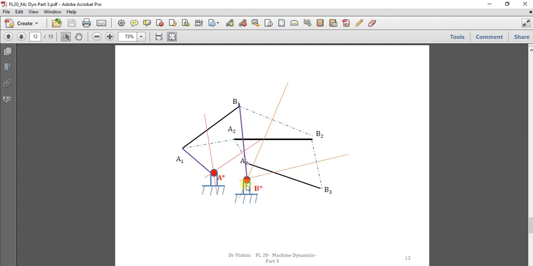Where these two meet, that is called B star. So now we have got two ground links, A star and B star. After you get these two ground links, you can choose any one position and finish the mechanism, because we have been given three positions. You can choose any one position and then complete the dimensions of the mechanism. We will see one example here now.